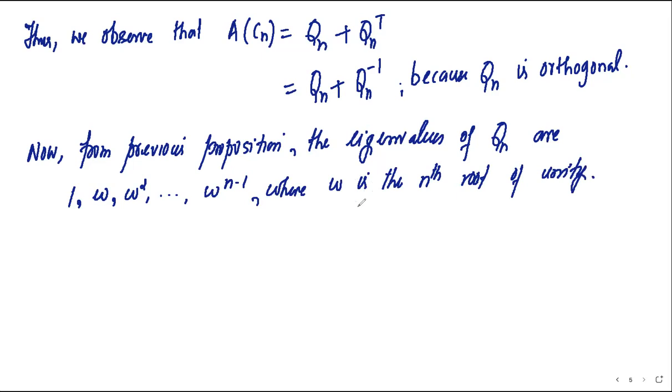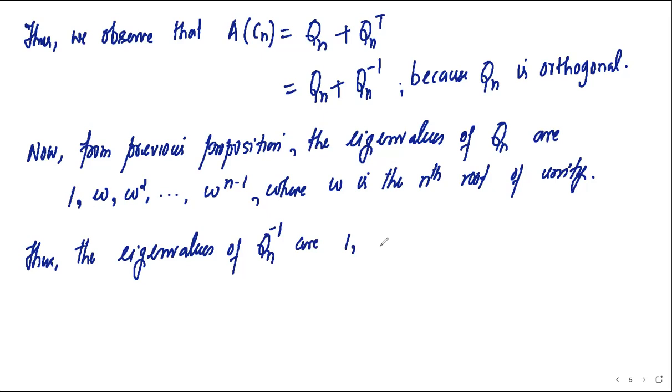So nth root of unity means that omega power n is equal to 1. Since all of these are non-zero eigenvalues, the eigenvalues of Qn inverse are 1, the reciprocals of these, that is omega power minus 1, then omega power minus 2, and so on, omega power minus (n minus 1).